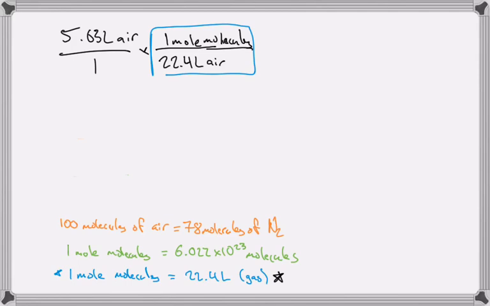The next thing we want to do: we've now converted from liters of air to moles of molecules of air. And then we want to say, how do we go from moles of molecules of air to just how many molecules there are?